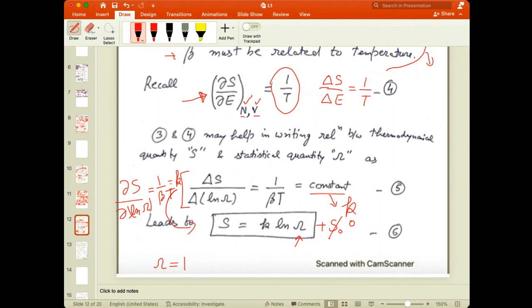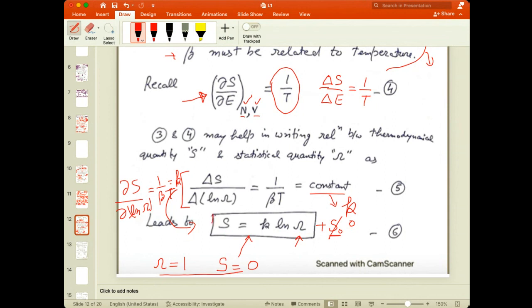So there is only one microstate accessible to the system. In that case your system has no probability or uncertainty. It is a fully deterministic system, and in that case your entropy is going to be 0. This is obvious from this relation, since log 1 is 0. So this additive constant is going to be 0.